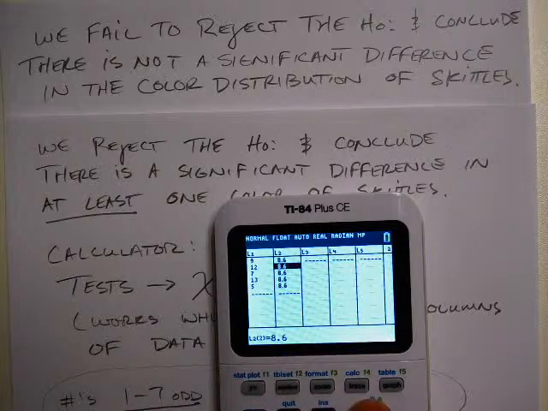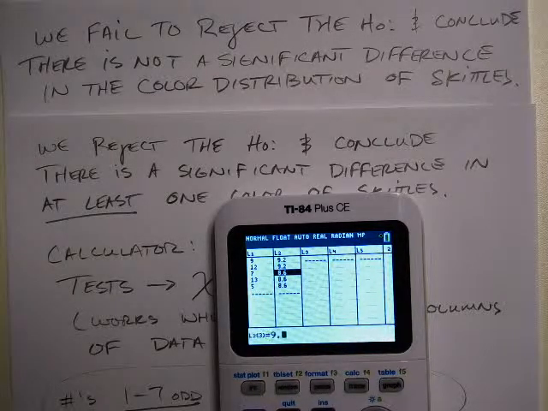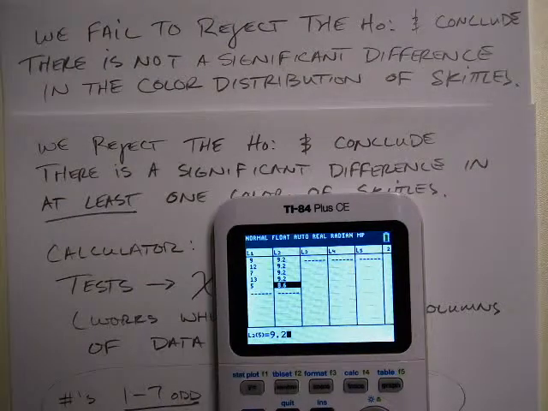And in your L2, you put your expected. Now, it's going to be the same number for each one. Mine was 9.2, but yours is maybe going to be different. So what's in L1? L1 is just how many did you count for each color? That's your observed. L2 is your expected.